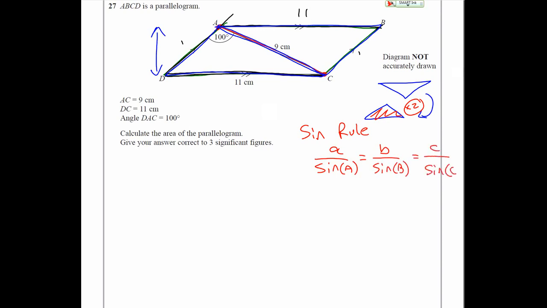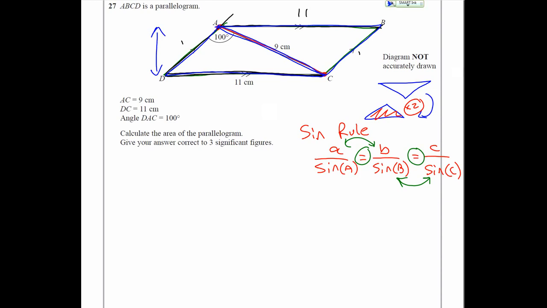I know it's going to be weird for you to see these 2 different equal signs. That's just representing 6 different equations. This equals this equals this, and this equals this. So 3 different equations, 6 if you put them the other way around. Okay, but we only want one equation at a time from this, and it depends how we label our triangle, where A, B and C are.